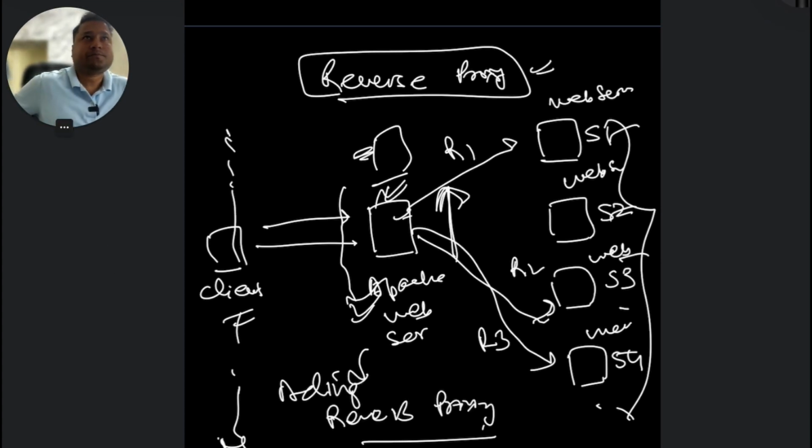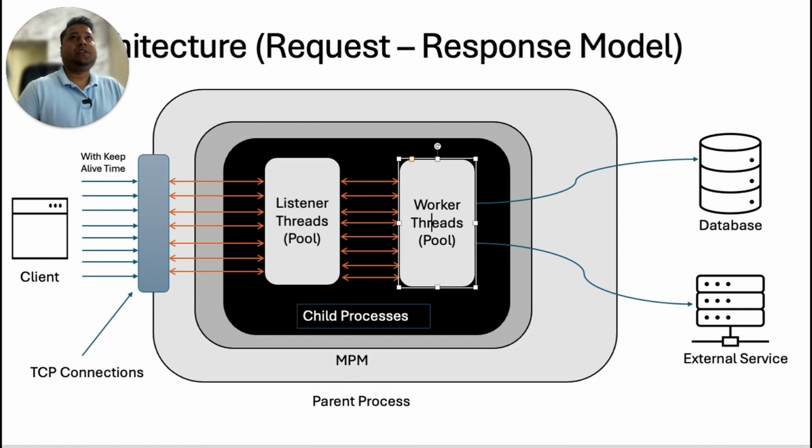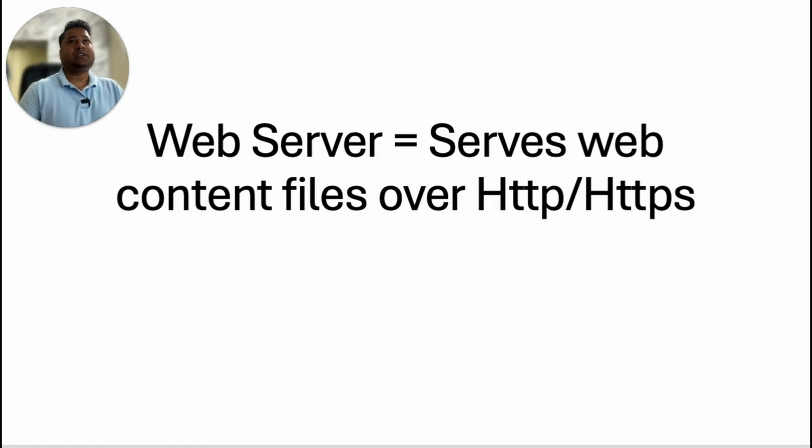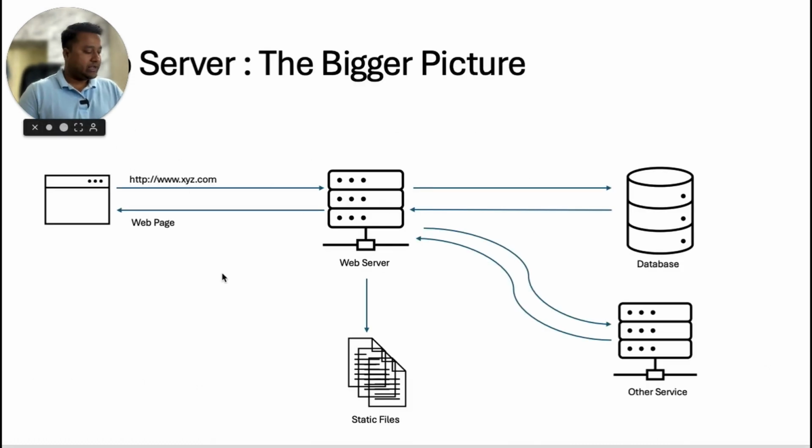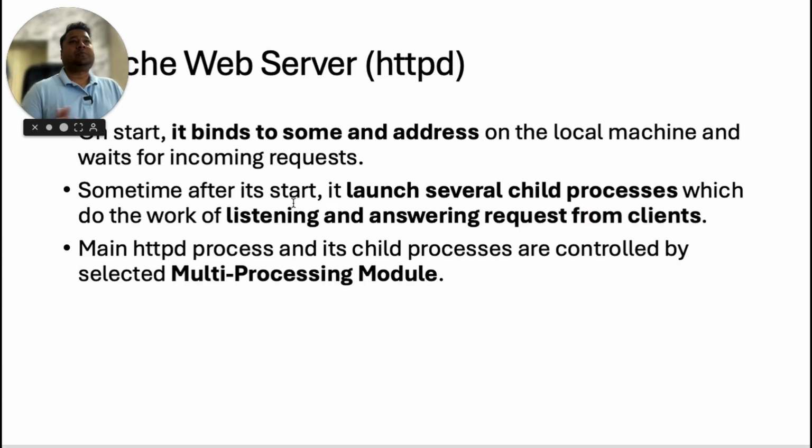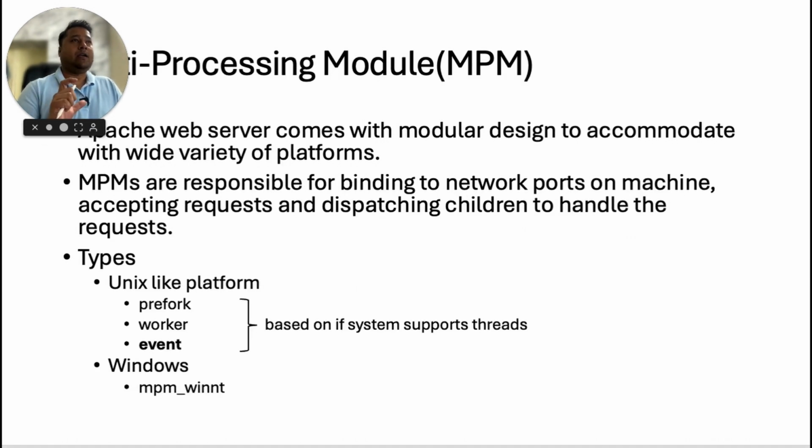All right. So in this video, we discussed what Apache Web Server is. We understood the basic overview of how the web server works, and the concept of the main process and the child process, and how the child process creates multiple threads, listener threads and worker threads. And then we also understood that MPM is something that controls all the listening and working of the threads, serving the requests in terms of threads.